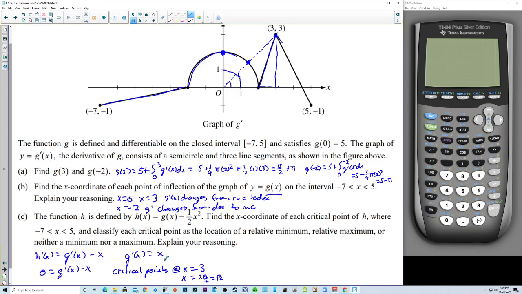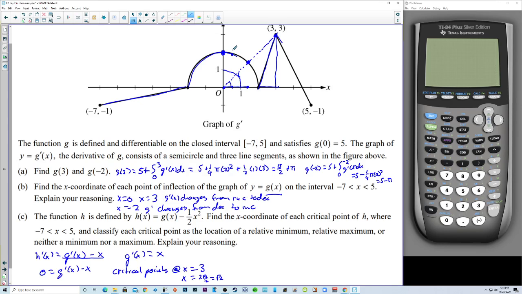Well, now let's go back to this spot right here. H prime of x is going to be positive when g prime is bigger than x, and h prime of x will be negative when x is bigger than g prime of x, because you'd have a small minus big is going to give you a negative answer. Well, let's say from 0 to the square root of 2, the x value is going to be smaller than the y value.